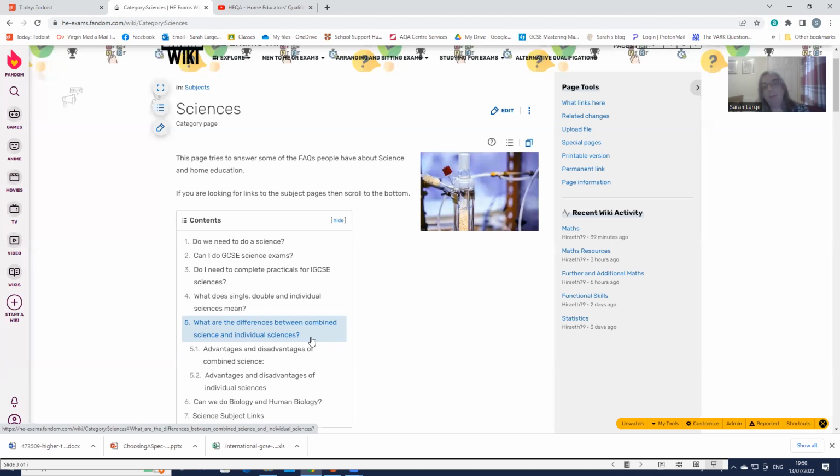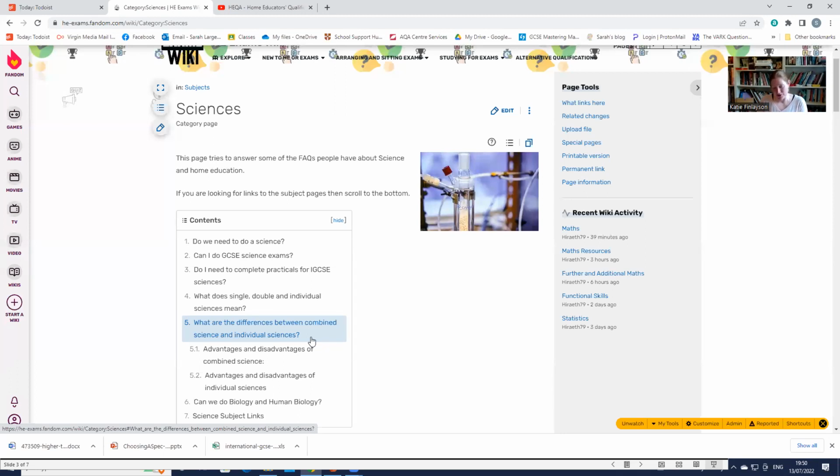So what people mean when they say they're doing triple science is they are doing all 3 of the core individual sciences. So a GCSE, an IGCSE in biology, an IGCSE in chemistry, an IGCSE in physics. And actually, that sort of works in reverse, in that the double science, certainly for Edexcel, is actually just the paper 1 of the single sciences.